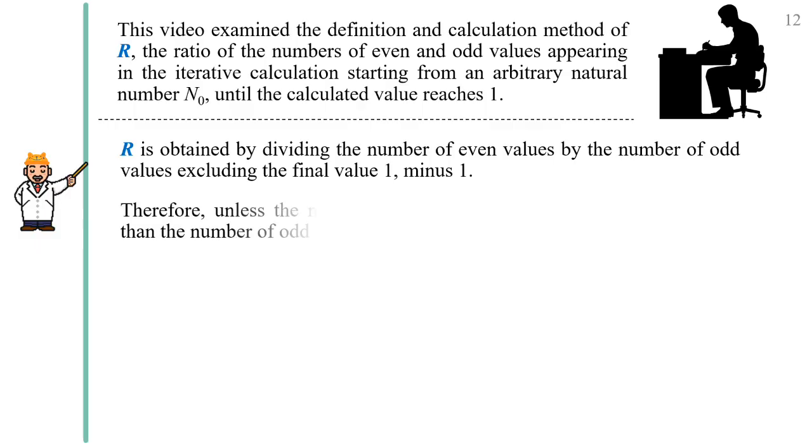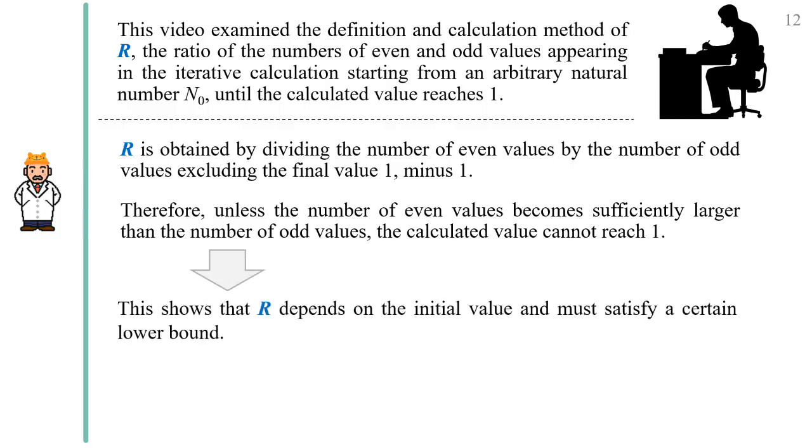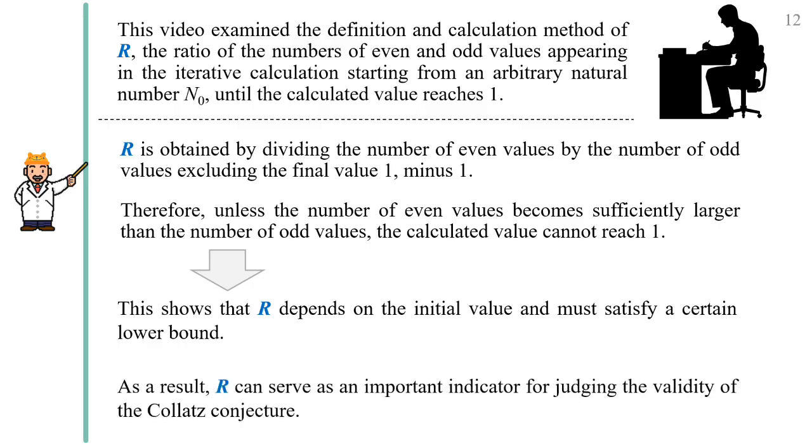Therefore, unless the number of even values becomes sufficiently larger than the number of odd values, the calculated value cannot reach 1. This shows that it depends on the initial value and must satisfy a certain lower bound. As a result, R is an important indicator for judging the validity of the Collatz conjecture.